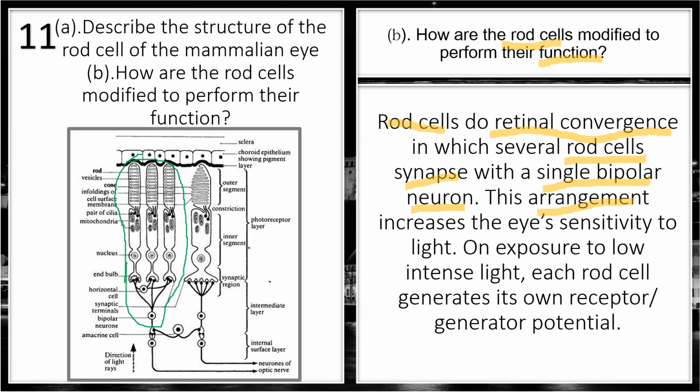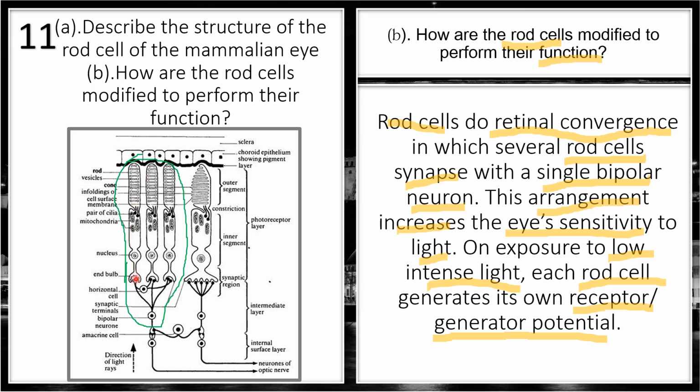This arrangement increases the eye's sensitivity to light. On exposure to low intensity light, each rod cell generates its own receptor or generator potential. So here, for example, we have 3 rods.